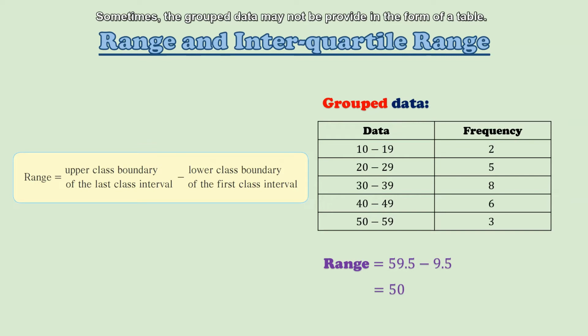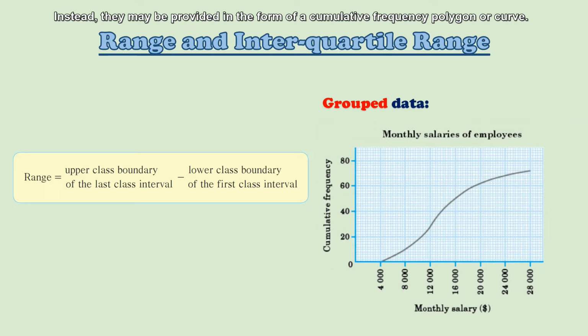Sometimes the grouped data may not be provided in the form of a table. Instead, they may be provided in the form of a cumulative frequency polygon or curve. When we need to calculate the range based on this given cumulative frequency curve, first of all, we should locate the upper class boundary of the last class interval. It is the value corresponding to the highest point of this cumulative frequency curve.